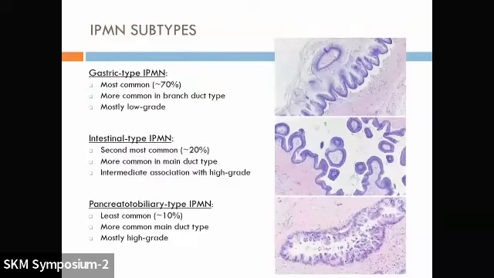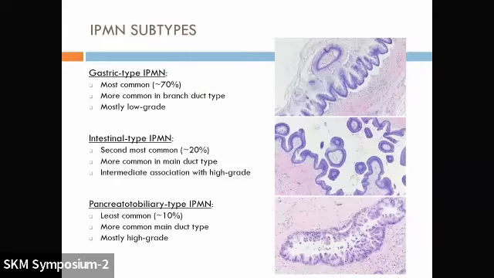Over here, you can see images from 3 different histological subtypes of IPMN. I will tell you one thing: the histological classification or subtyping is not essential to report. In my experience, one of the reasons is that you can see all these 3 types of epithelium in a single neoplasm.